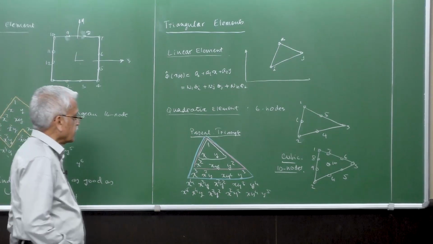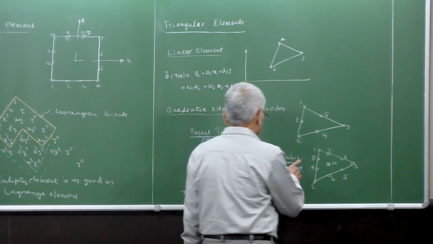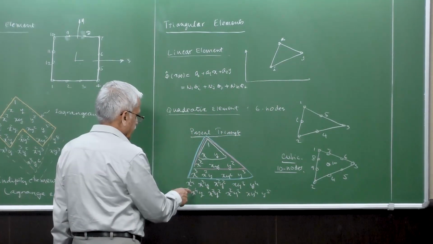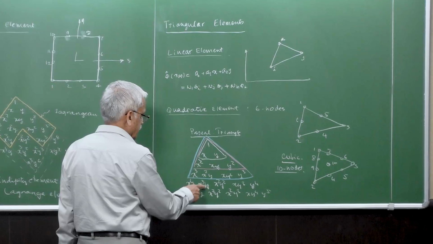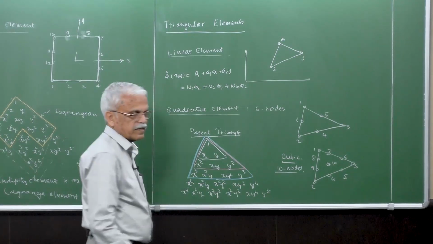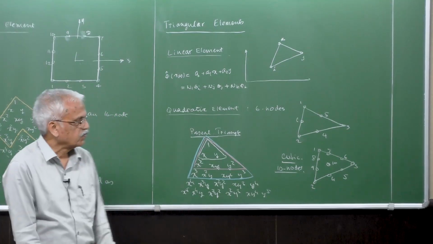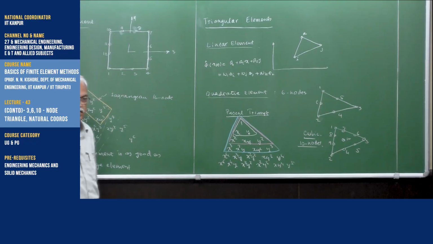If you go for quartic, how many terms does quartic require? 10 plus another 5, so we require 15. So you should see how you can put the 15. How do we put 15?